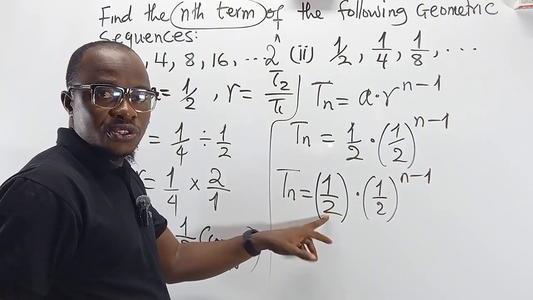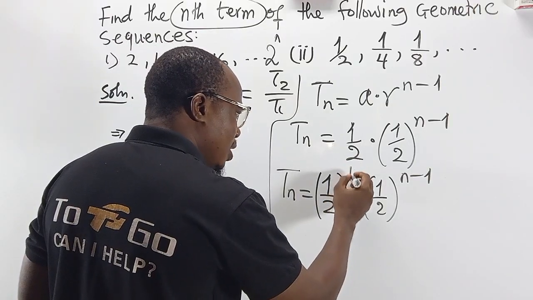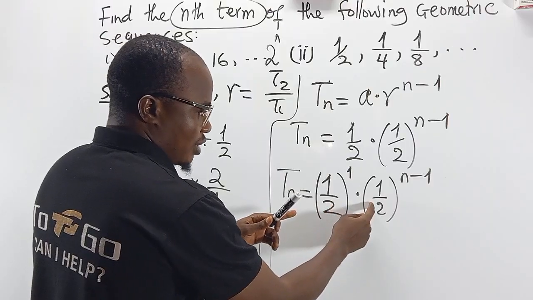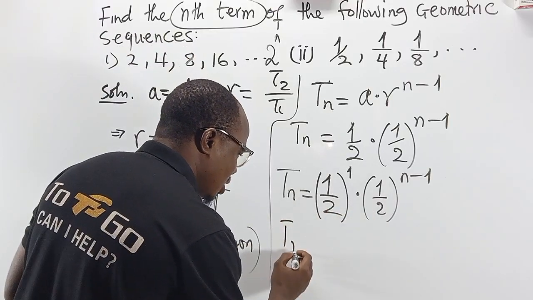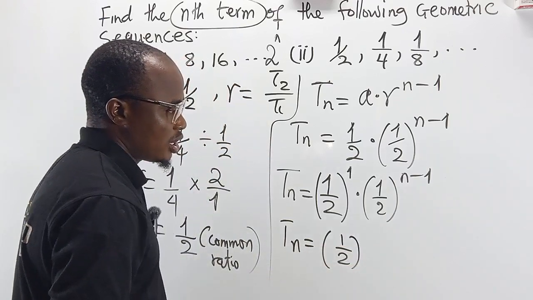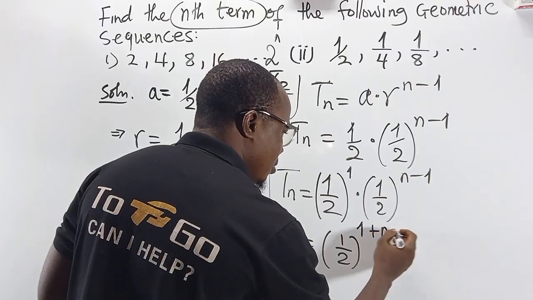Looking at the first one here, it also has power 1. Since we have 1 over 2 and 1 over 2, the bases are the same, so we can combine them using the law of indices, taking just one base, and we have 1 plus n minus 1.